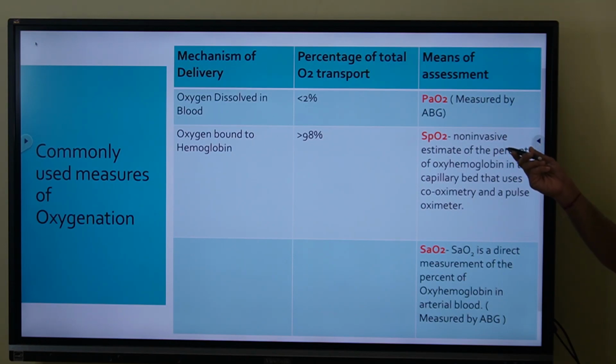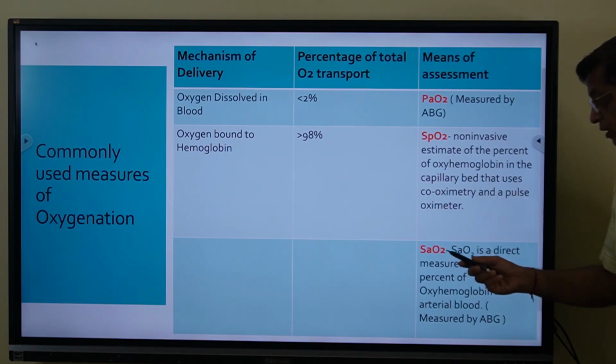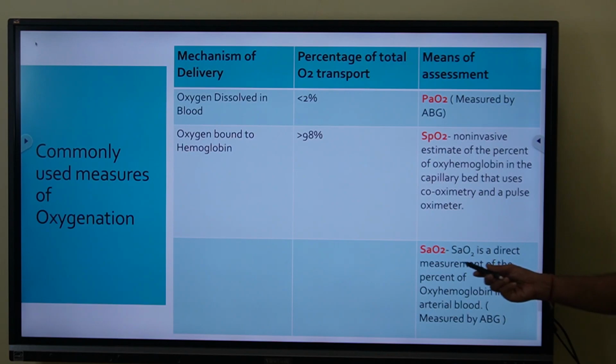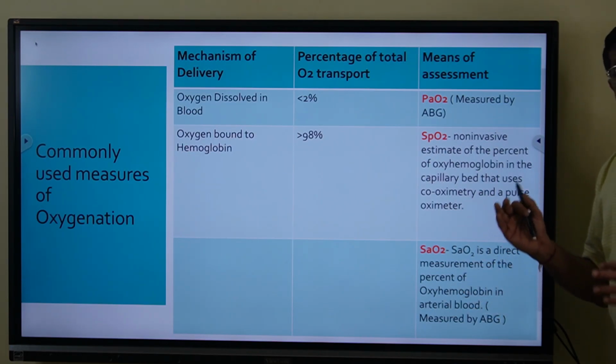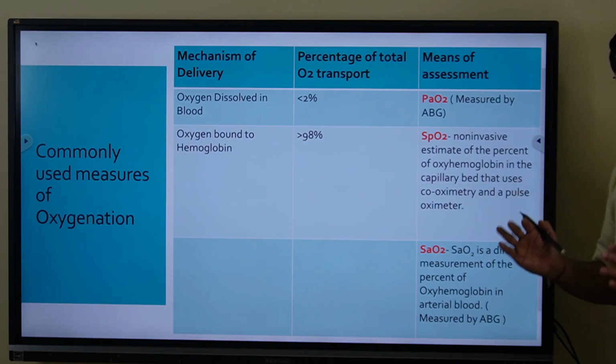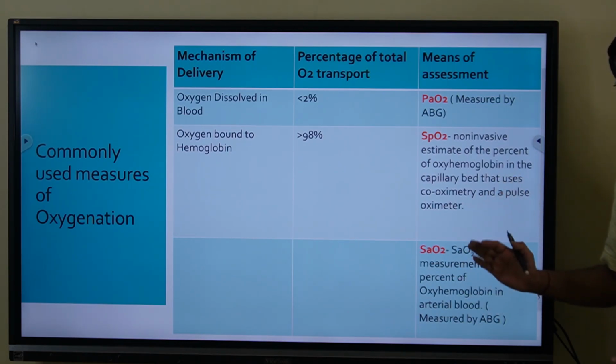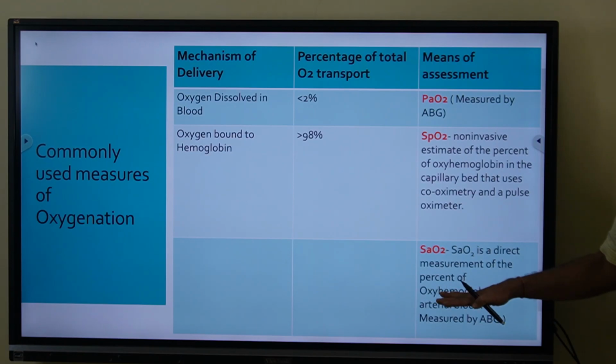SpO2 is a non-invasive estimate of the percent of oxyhemoglobin in the capillary bed that uses co-oximetry and a pulse oximeter. While SaO2, small a, is a direct measurement of percent of oxyhemoglobin, meaning the percentage of hemoglobin which is saturated with oxygen. So that direct measurement of oxyhemoglobin is SaO2.